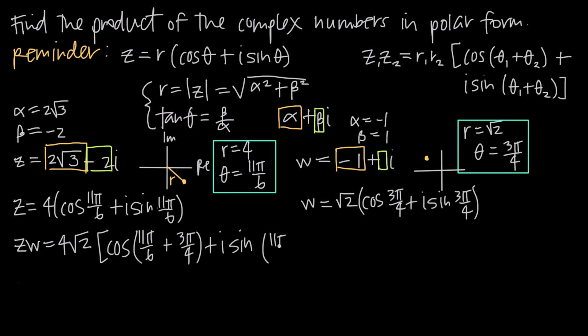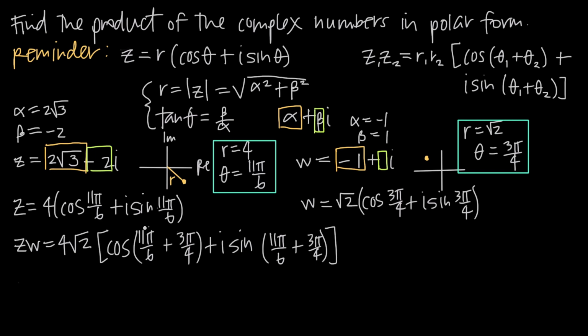So again, 11 pi over 6 plus 3 pi over 4 for sine. And that's it. You're multiplying the complex numbers z and w, so you get zw. You multiply the values for r together and leave that out front. And then you add the theta values together. So you add the angles inside the cosine function and inside the sine function, and now we just need to simplify.